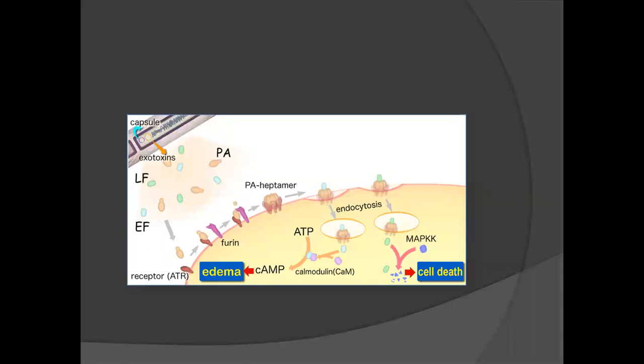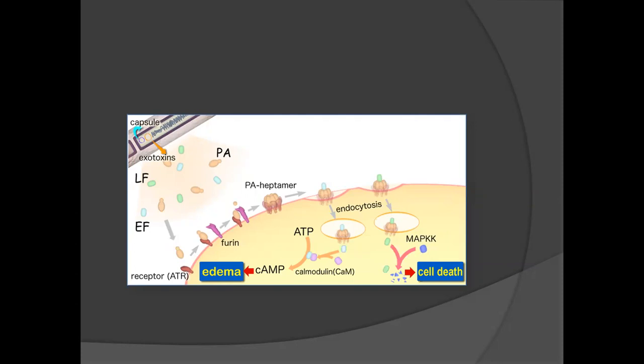This protective antigen binds to ATR receptor on the cell surface, which activates enzymatic activity of specific protein called furin and forms a heptamer with this receptor.